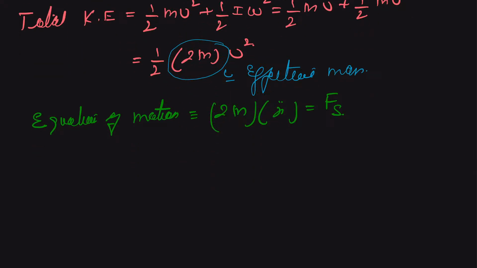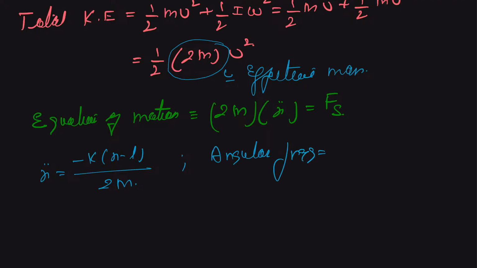And from here we get the double derivative, and spring force is minus k x minus L, divided by twice m. And our angular frequency will be equal to the square root of k upon effective mass, that is twice m.